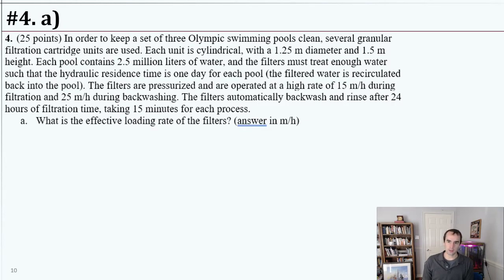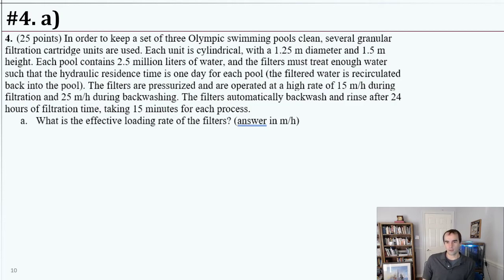Each pool contains 2.5 million liters of water, and the filters must treat enough water such that the hydraulic residence time is 1 day for each pool. And to clarify, the filtered water is recirculated back into the pool.